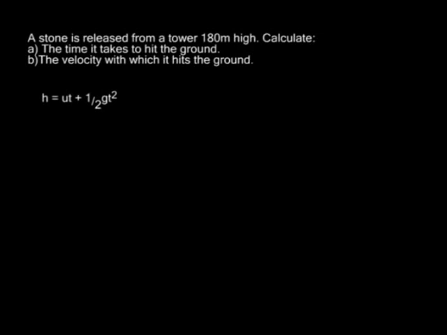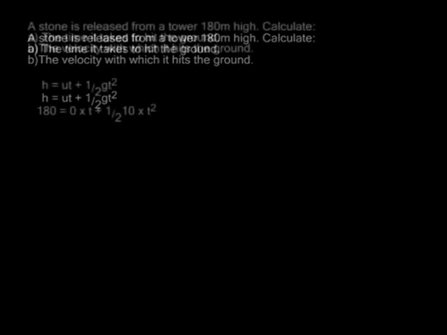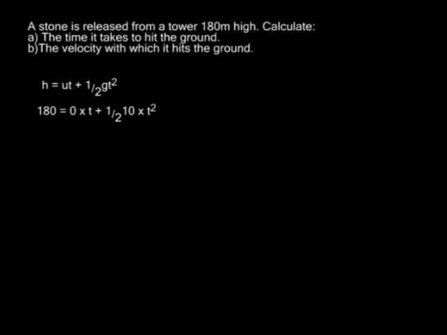We have u, the initial velocity, because it is free fall, and this applies for all free falling objects, the initial velocity is always 0. We have h, which is the height, and it's 180 meters. We also know g. We've been given to take g as 10 meters per second squared. So we shall have 180 is equal to 0 times t plus a half times 10 times t squared. So 5t squared is equal to 180. t squared is equal to 36 and t is 6 seconds.